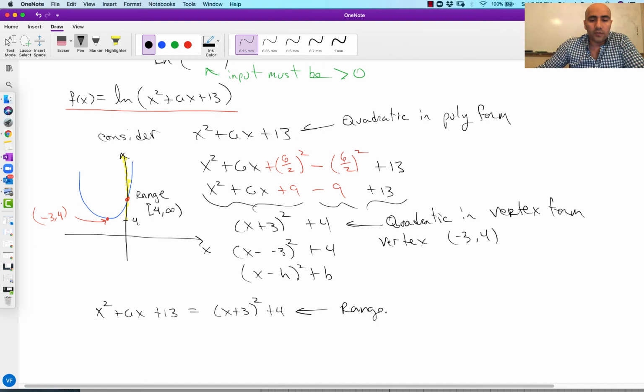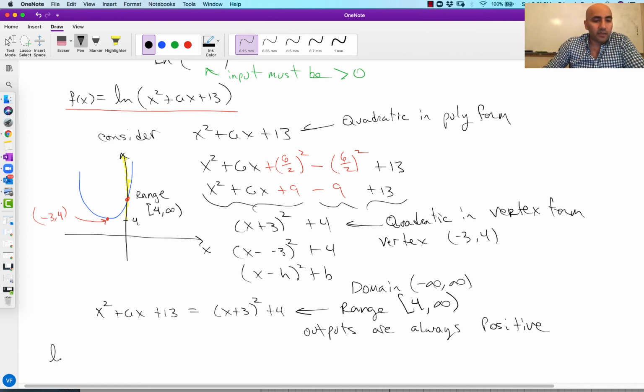The range is from 4 to positive infinity. Outputs are always positive. And the domain is, of course, from negative infinity to positive infinity. So no matter what input value you choose, the output values are always going to be positive.